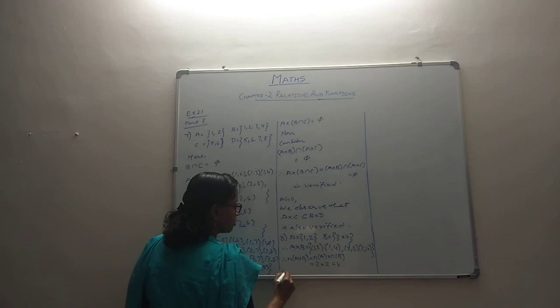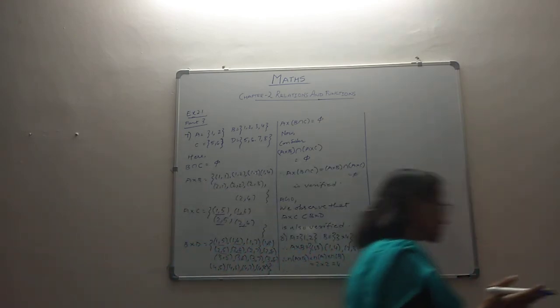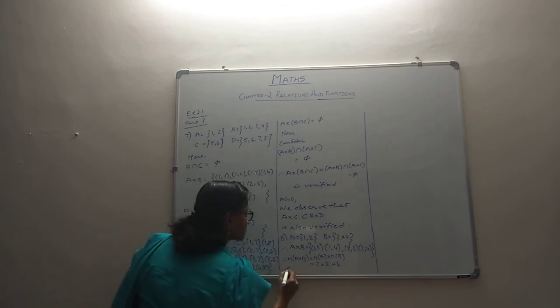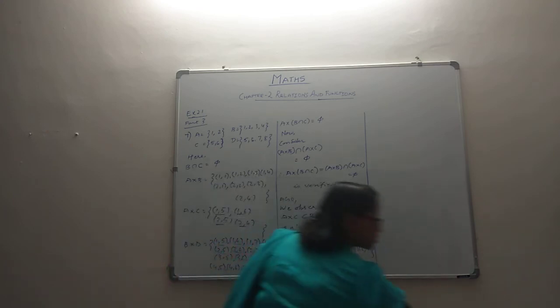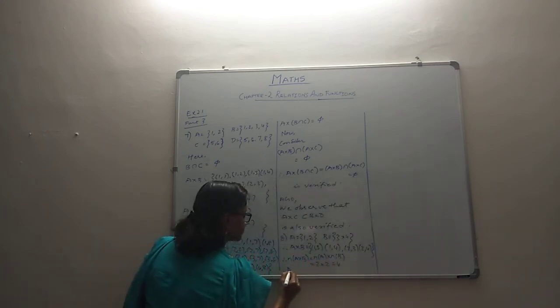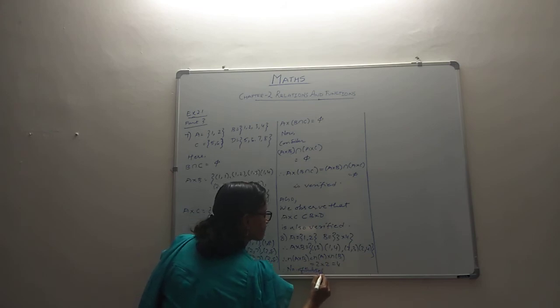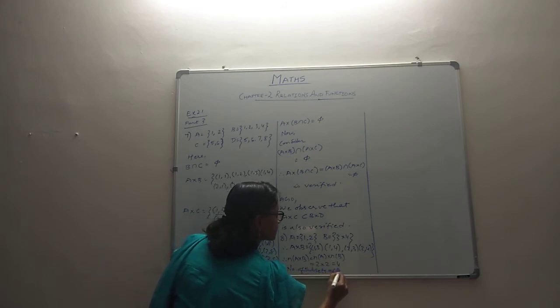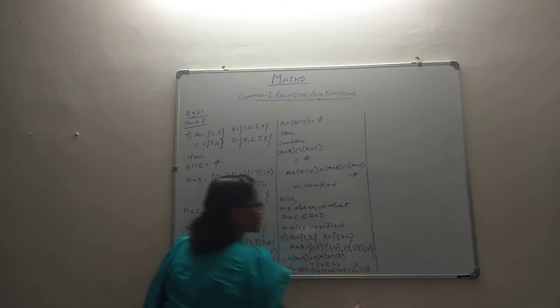So the number of subsets of A cross B is 2 raised to 4, and that's 16.